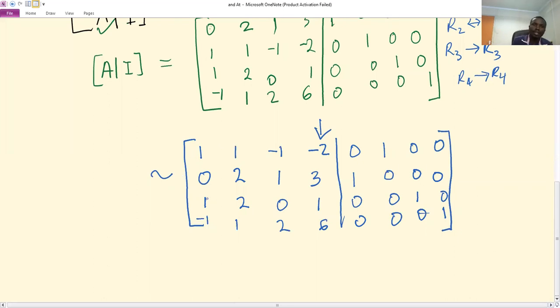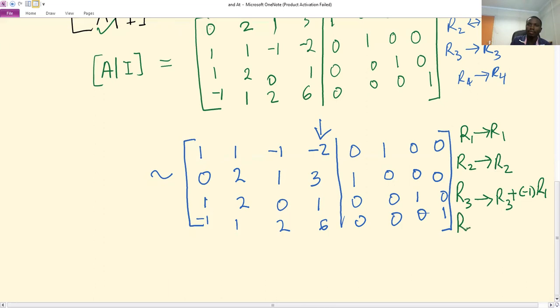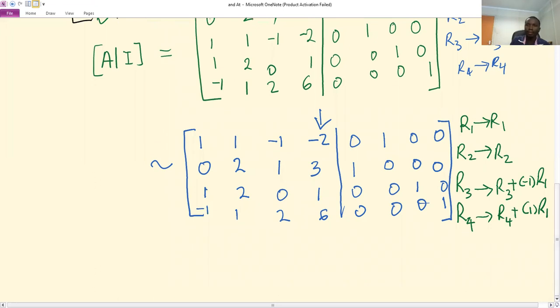Now we expect this to be 0, and this to be 0. We achieve that by keeping row 1 as row 1, and row 2 remains row 2, because we expect this to be 0 already. But for row 3, we expect this to be 0, so row 3 becomes row 3 plus minus 1 times row 1, and row 4 becomes row 4 plus positive 1 times row 1, so that we get 0 here and 0 here.